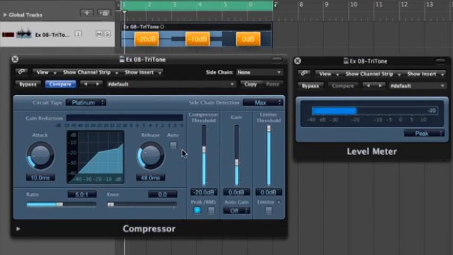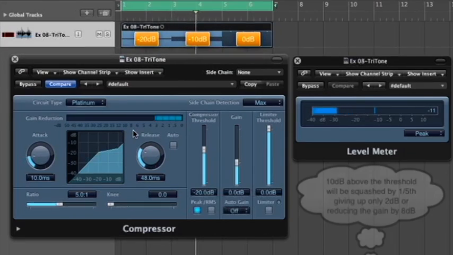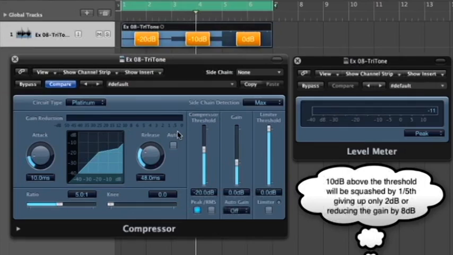Okay, let's see. That's right, 8 dB reduction, because with a 10 dB span there, and we're reducing it 5:1, then that's only going to give us 2 dB out. So 10 minus 2 gives us our 8 dB reduction.